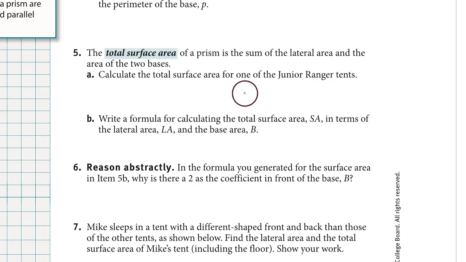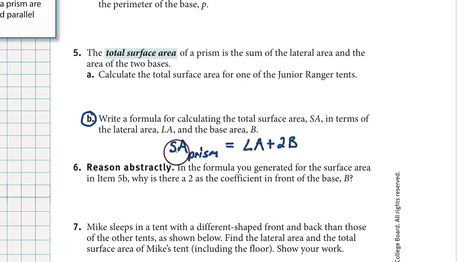Now number 5. We've already found the total surface area for our tent problem, but where 5b is, let's write a formula for finding total surface area. We're going to use SA to mean total surface area. We're doing this for a prism. The way that we found it for our tent is we took our answer for lateral area and then added 2 times the area of the base.